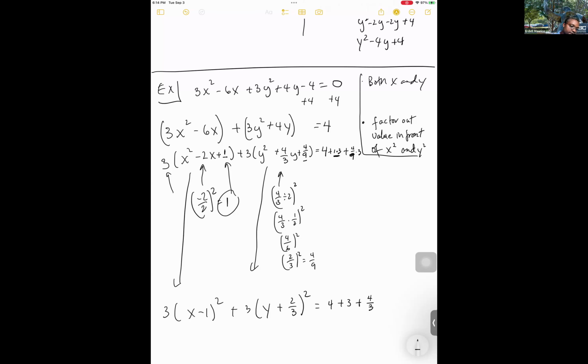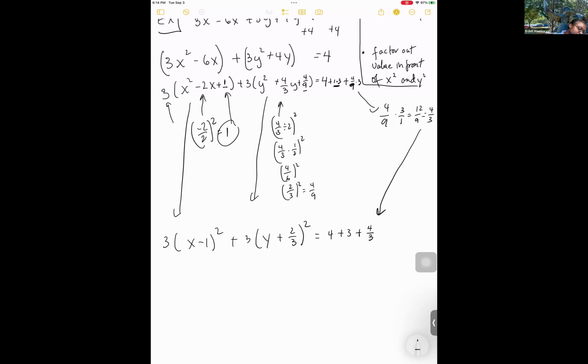I need to do the math. 4 over 9 times 3 over 1 is 12 over 9 divided by 3. That's going to be 4 over 3. Questions there? Good thing this is being recorded, right?